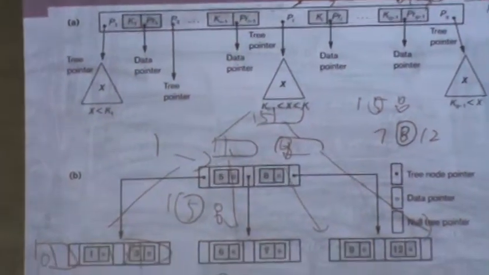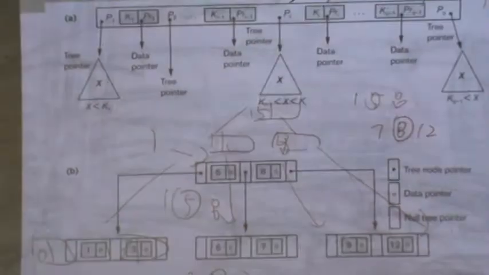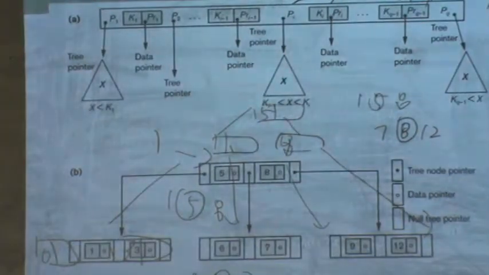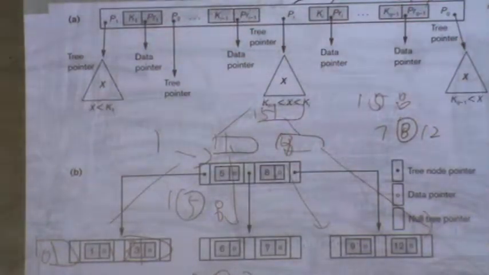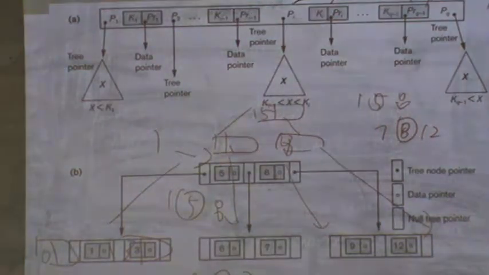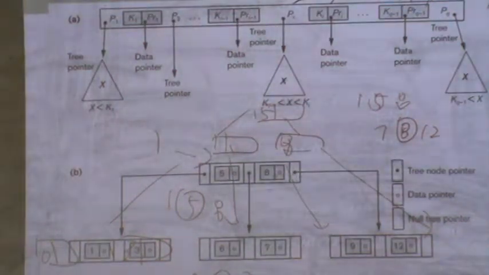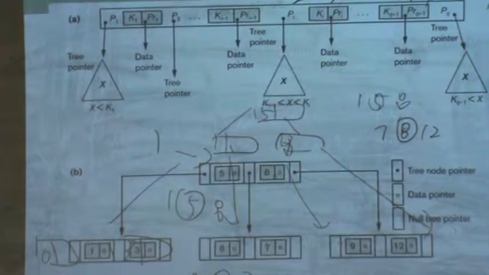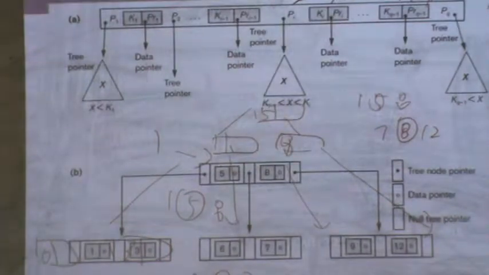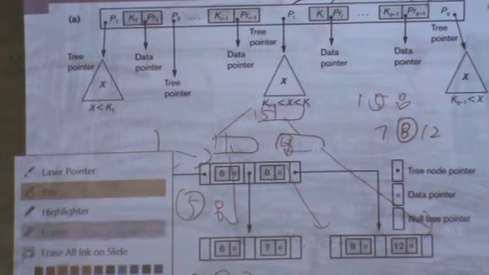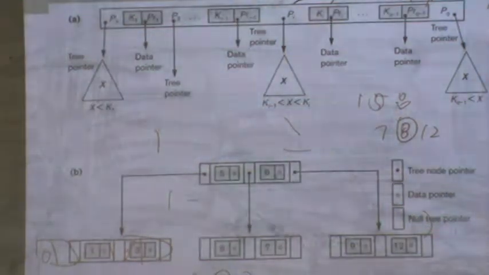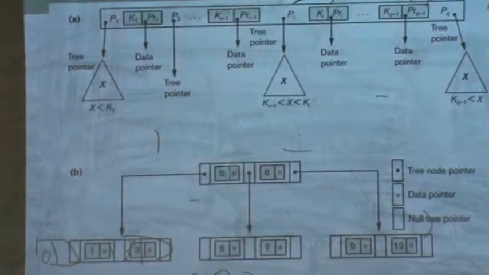Is there any issue when we are using the B-tree index in terms of the query optimizer? Yes, the same problem. If you want to find 5, then we can just find it at the first node. So we cannot determine how much depth we should go.